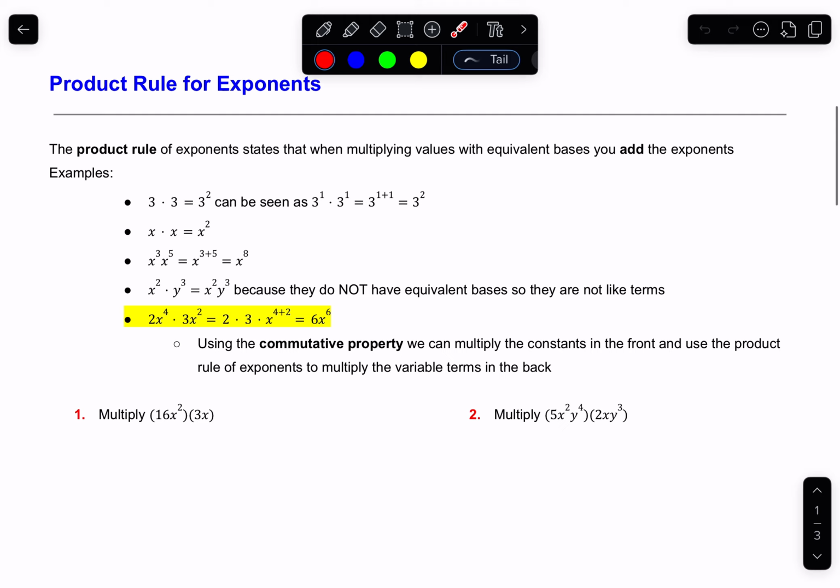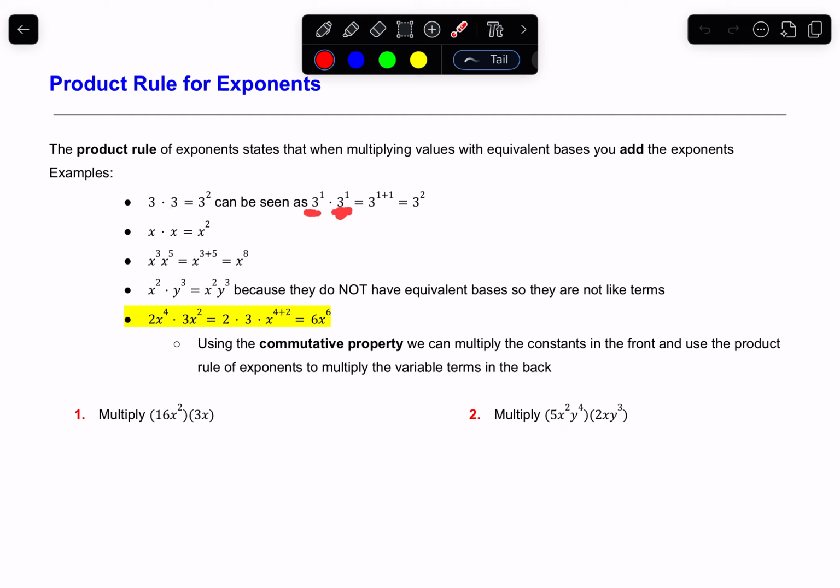So, the product rule for exponents. The product rule of exponents states that when multiplying values with equivalent bases, you add the exponents. So for example, 3 times 3 is 3 squared. But really, we just don't write the ones, and so that's why we don't see the product rule of exponents happening here. 3 times 3 is the same thing as 3 to the power 1 times 3 to the power 1.